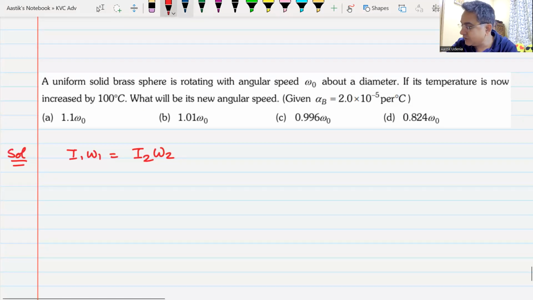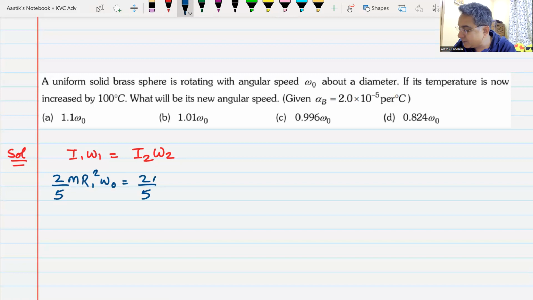So I1 is 2 by 5 m R1 square, into omega naught. Omega naught is given. That will be 2 by 5 m, mass remains same, R2 square into omega 2. Mass remains same, so 2 by 5 and m cancel.